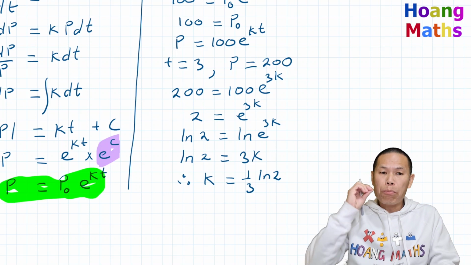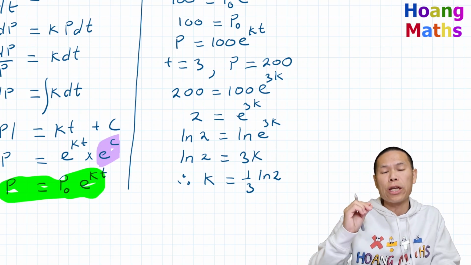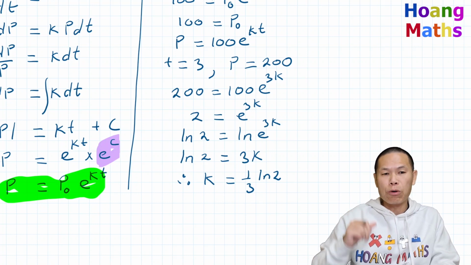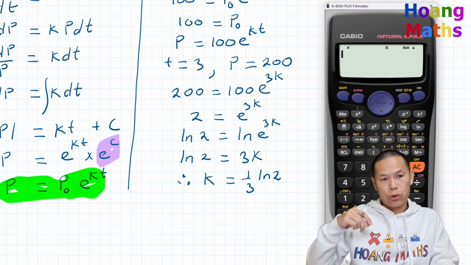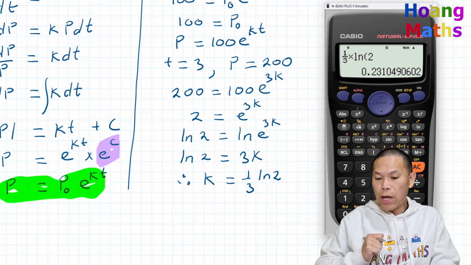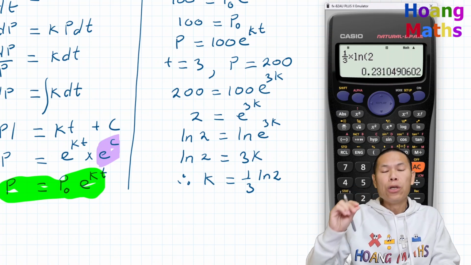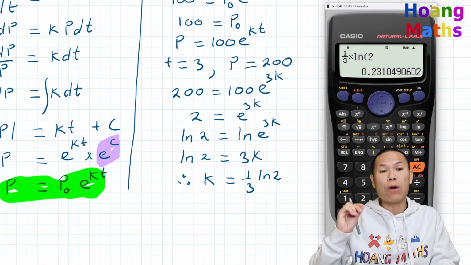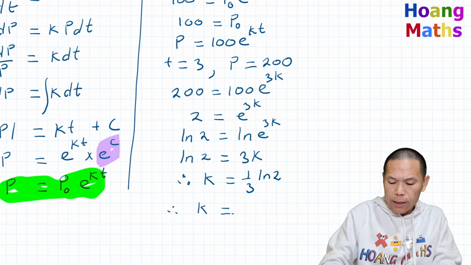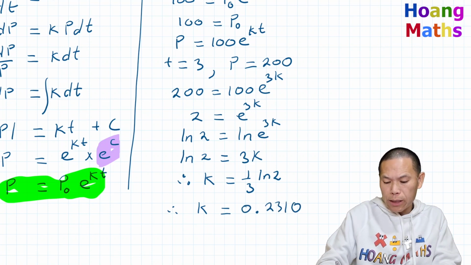So let me just put it on a calculator and correct to 4 decimal places, because we normally use k with 4 decimal places. Keep that in mind. So I just go a third times ln 2. So there you go, 0.2310. So therefore k is 0.2310.